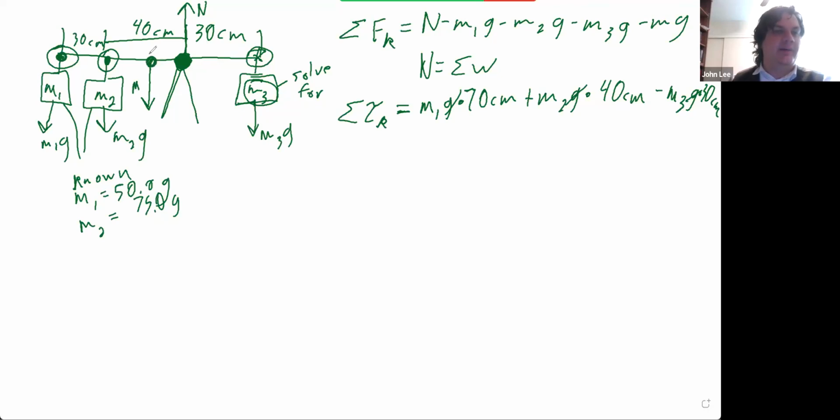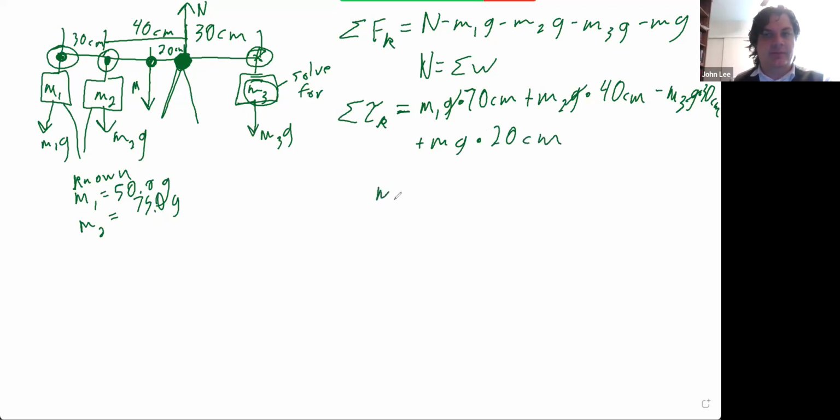So right here at the 50 centimeters from the edge, 50 centimeters from either edge, so 20 centimeters from the fulcrum, from the point that we're pivoting at. So that is going to be plus mg times 20 centimeters.